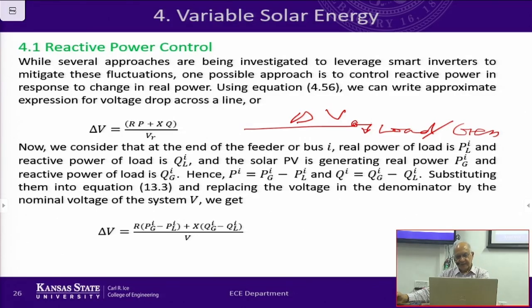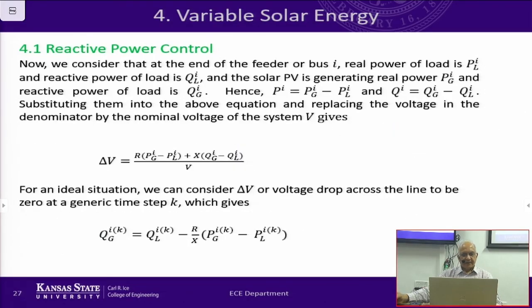Okay, we have substituted those, so this is the same thing. Under an ideal situation, we want delta V to be 0, because we don't want it to be changing.